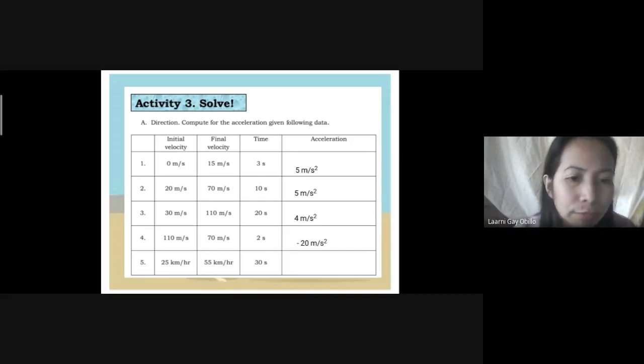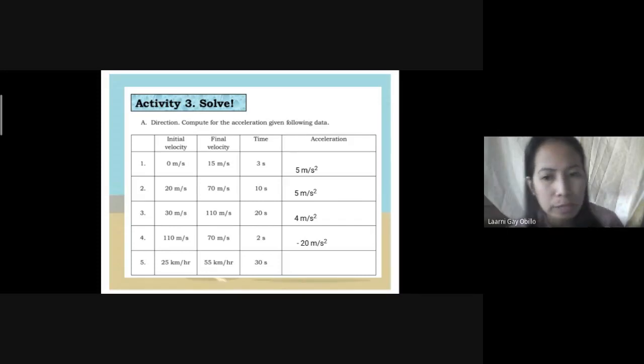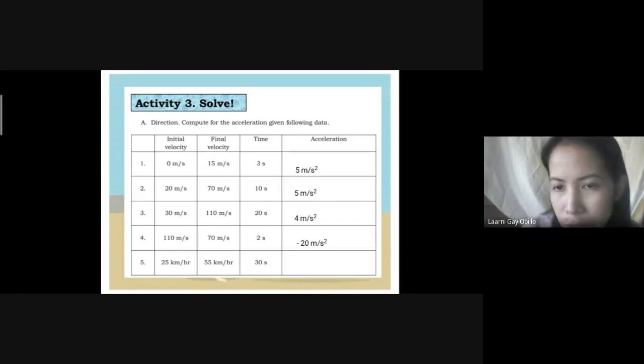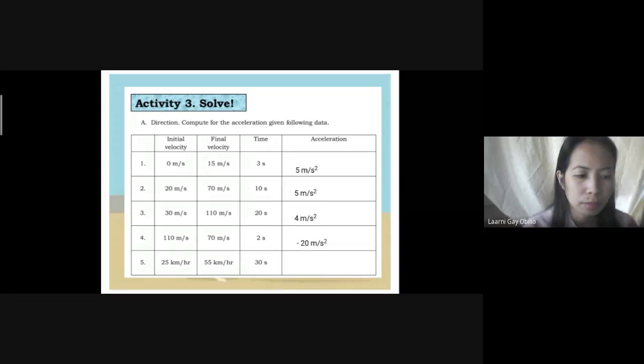Okay. And for number 5, 55 kilometer per hour minus 25. So, that is 30 divided by 30 seconds. Answer is 30 kilometer per hour divided by 30 seconds. 30 divided by 30. Yung 30, hatiin sa 30.